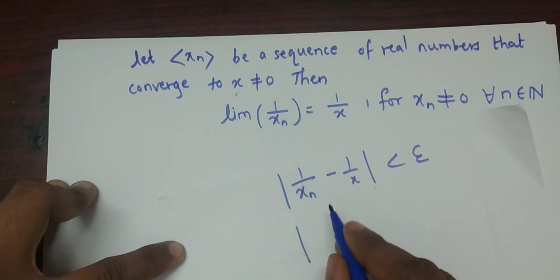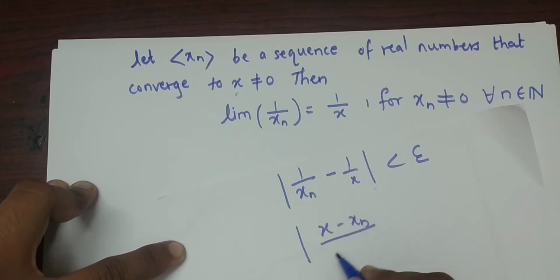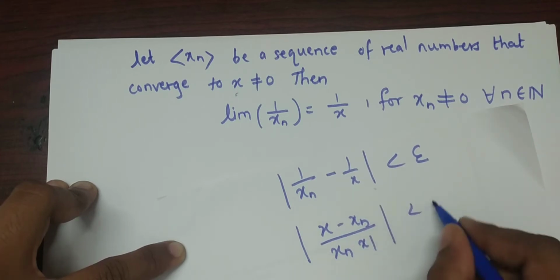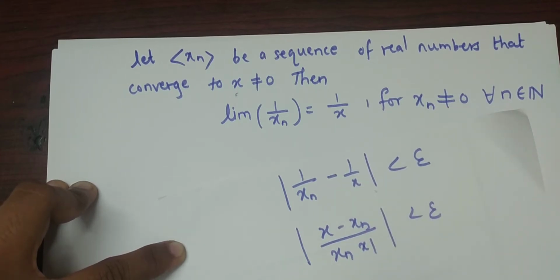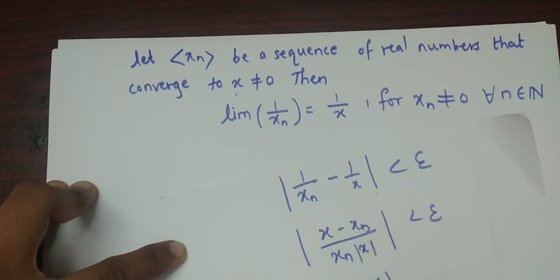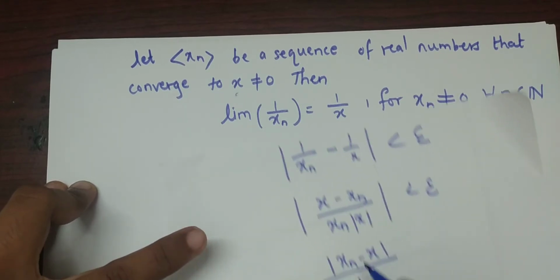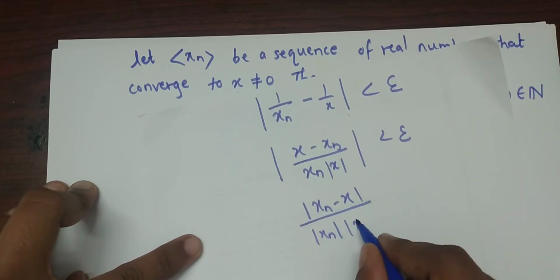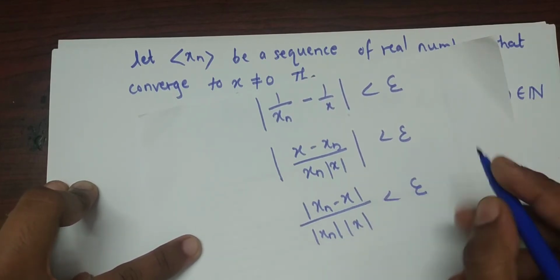Take cross multiplication. So you will get mod of x minus xn upon xn into x is less than epsilon, or we have to show that mod xn minus x upon mod xn and mod x is less than epsilon.